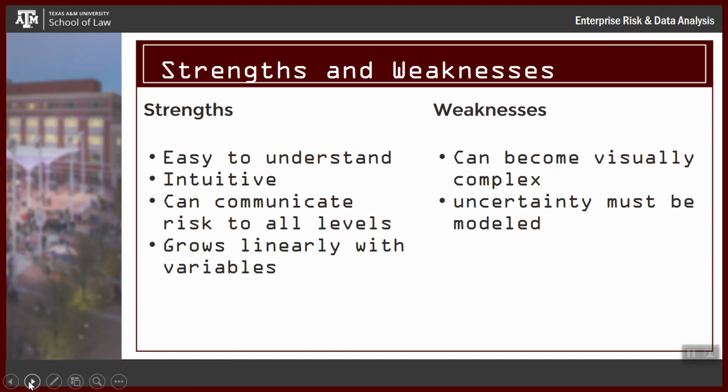Now, the weaknesses: they can be visually complex. I have been in situations in my long career where we literally took a wall to put up diagrams because we couldn't figure out a way to make them hierarchical where we could decompose them. And the other weakness is you must have uncertainty in there. You can't just take some guess. And that comes from your data analytics where you're going back through historical data.